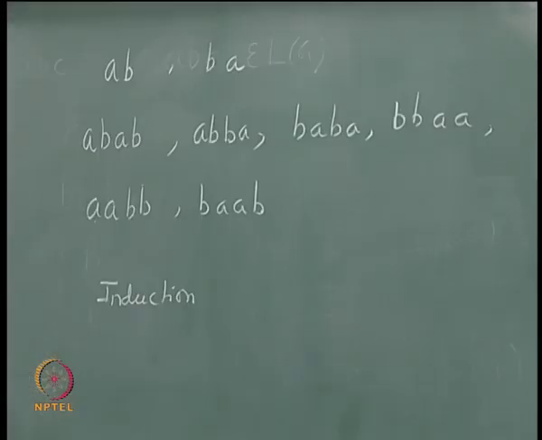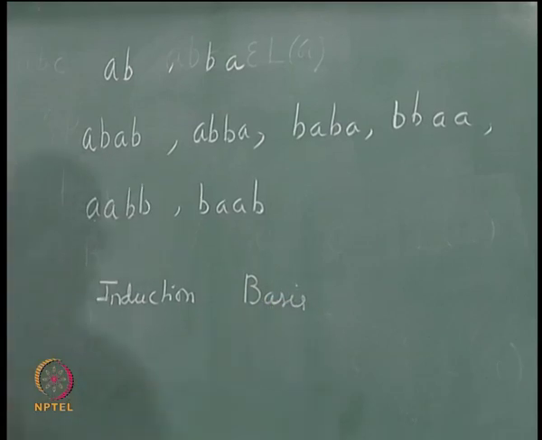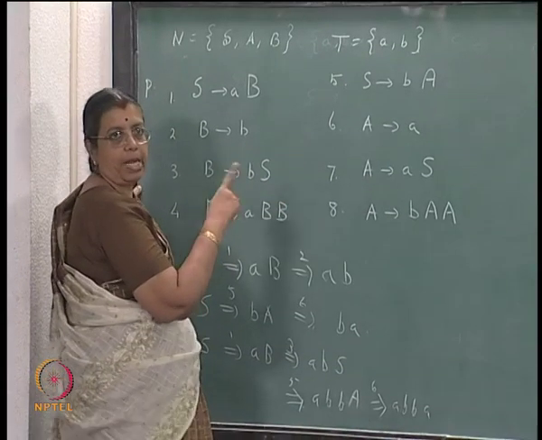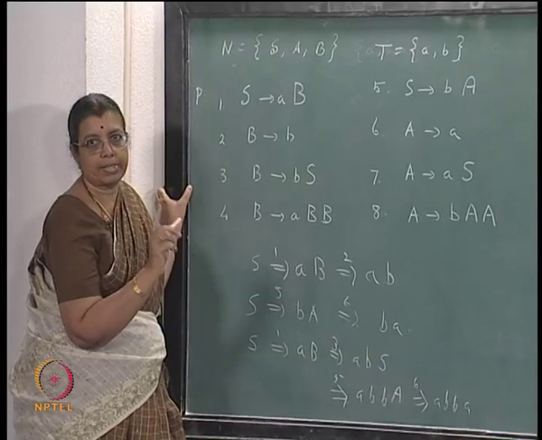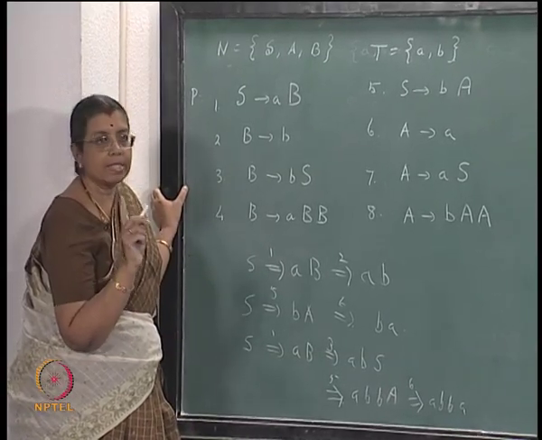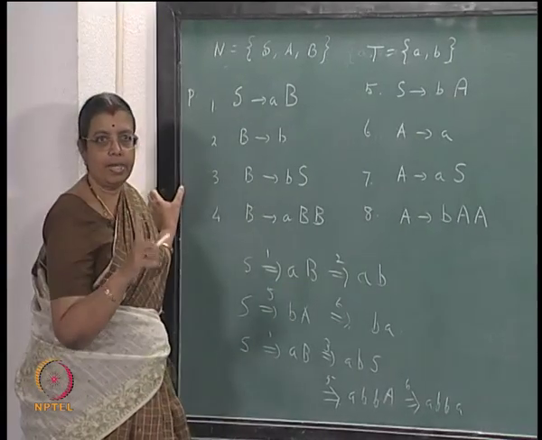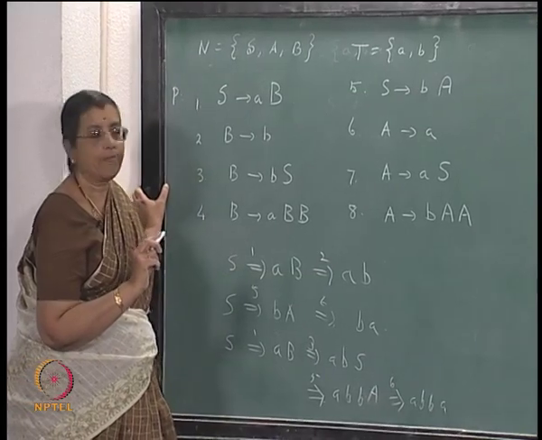So, for induction basis, you can note that no string of length 0, epsilon, empty string, cannot be derived from any non-terminal here A, B or S. When the length is 1, from A you can derive A, it has 1 A and 0 B's. So, the induction hypothesis is satisfied.